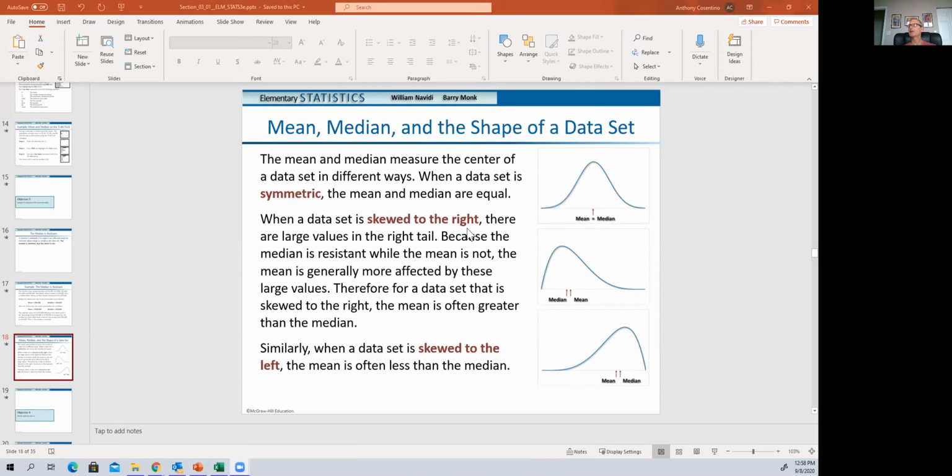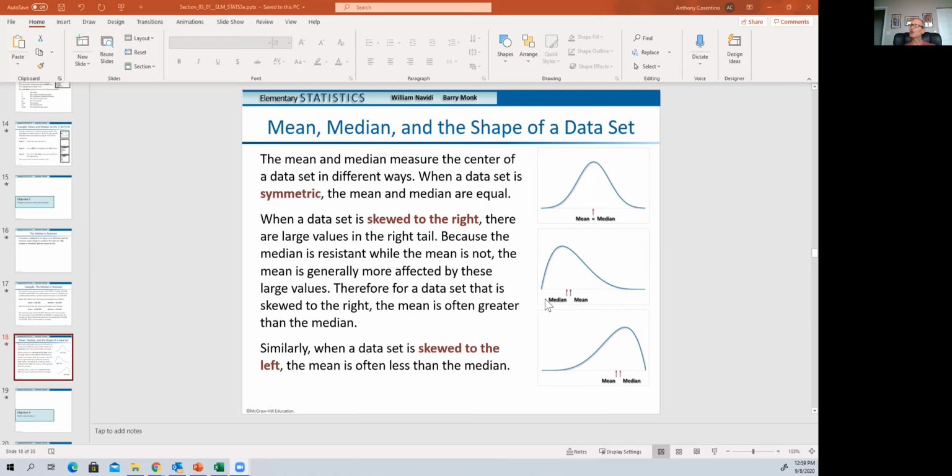When the data is what we call skewed to the right, meaning that the big peak occurs at the low end here, you'll see that the median will be below the mean. And in this case, where the data is skewed to the left, the median would be above the mean.